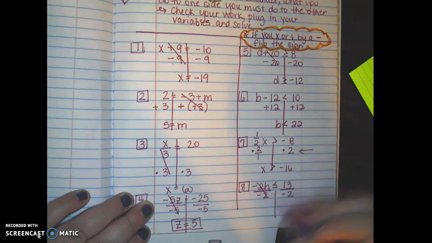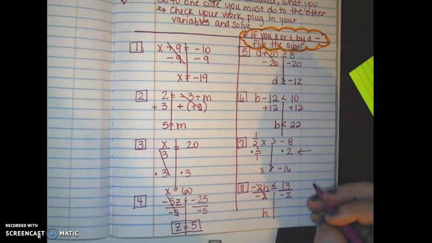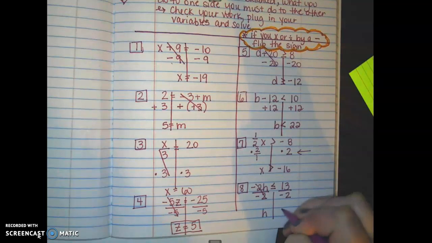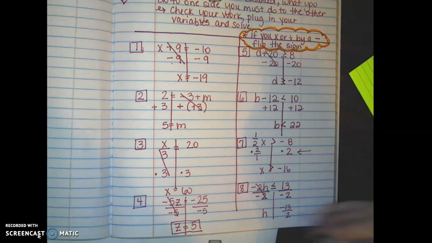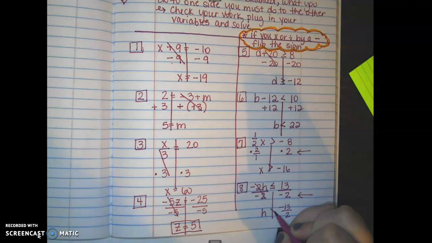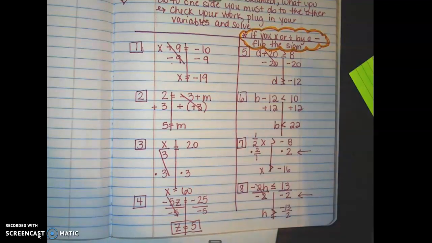These cancel, leaving me with h. 13 divided by negative 2, we can keep it as negative 13/2. I'm perfectly okay with that. But I divided by a negative. So I'm going to flip my sign. So now it's going to open that direction.